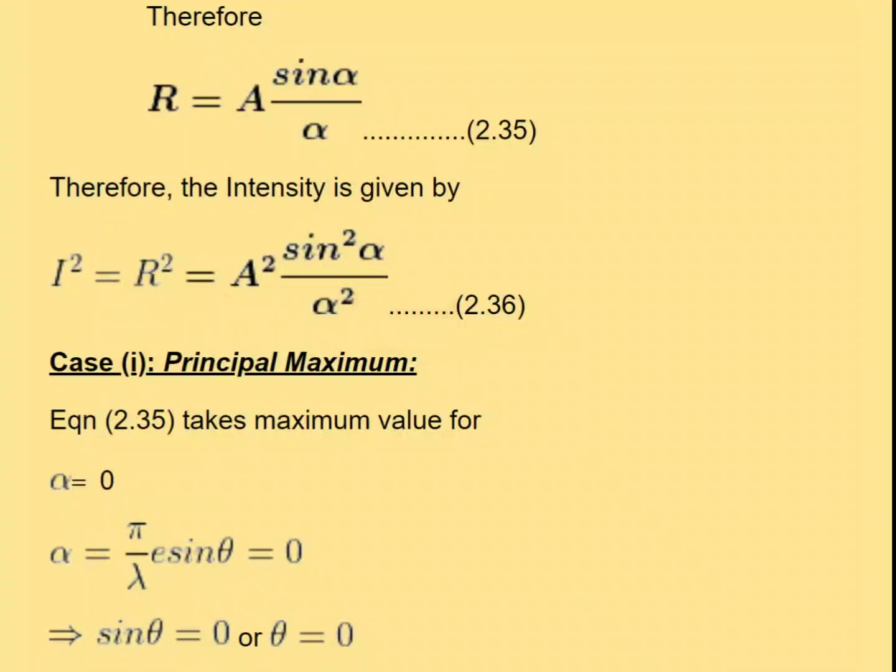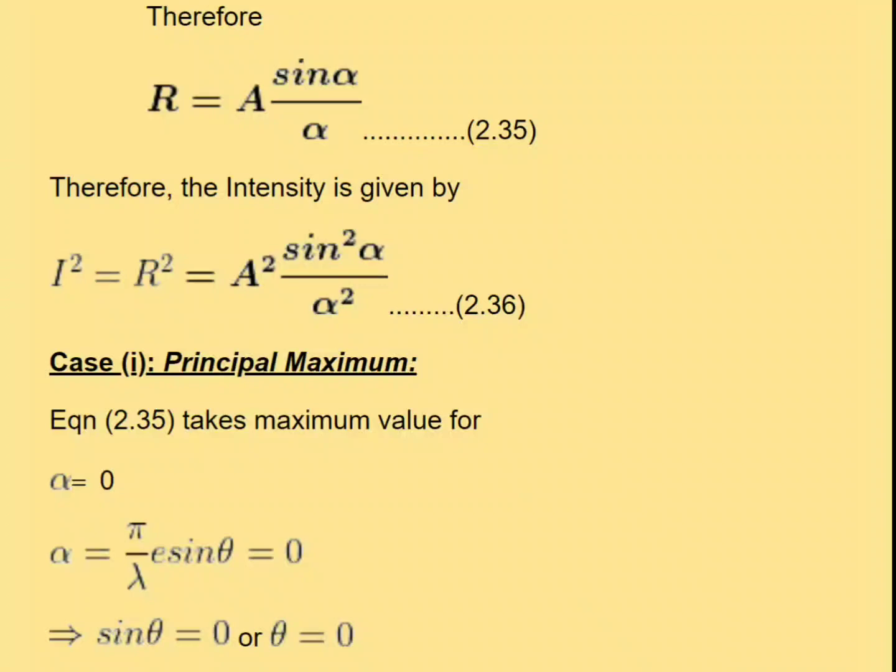Now in diffraction there exist three cases. One is principal maxima, also named central maxima. Second case is secondary maxima, and finally minima. That means in interference there exist only two cases, maxima and minima, but in diffraction there exist three cases: principal maxima, secondary maxima and minima.